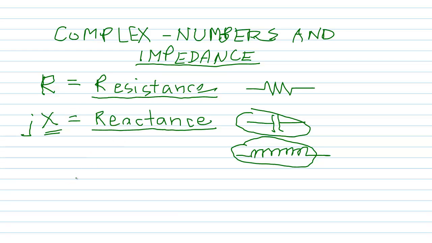So we might have a complex impedance, say 3 plus j4. That would be 3 ohms of resistance. That is the unit for resistance and reactance, the ohm, O-H-M. 3 ohms of resistance and 4 ohms of inductive reactance.